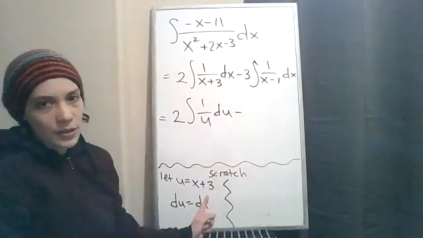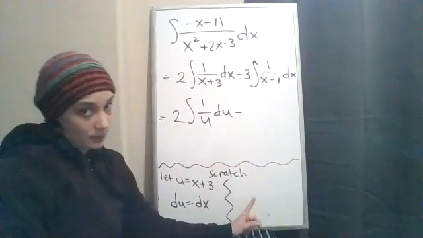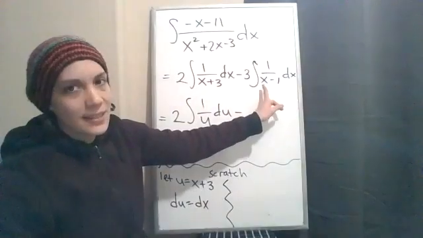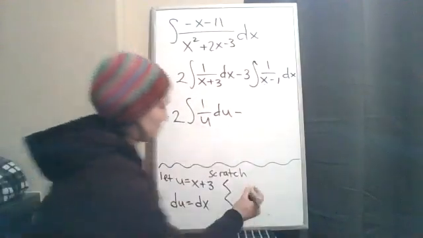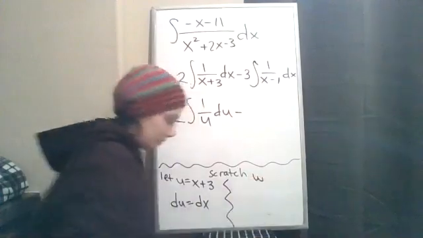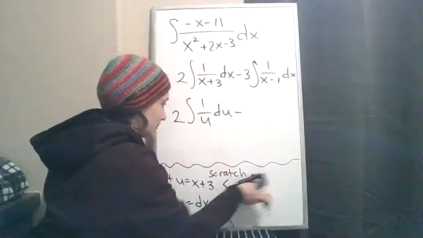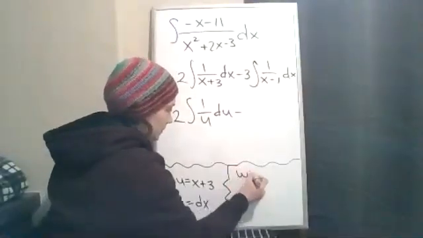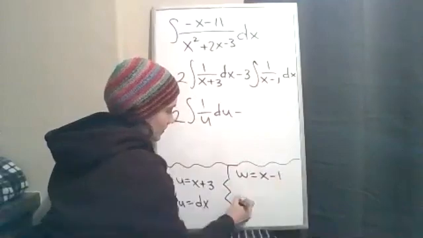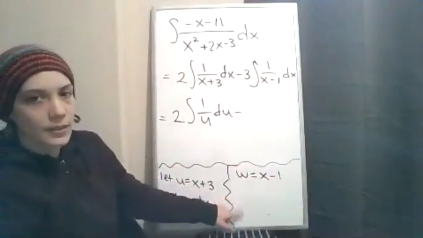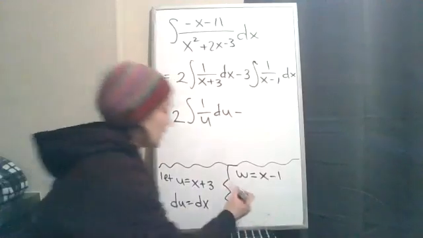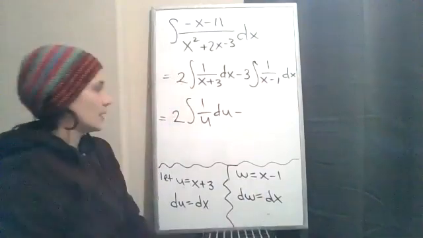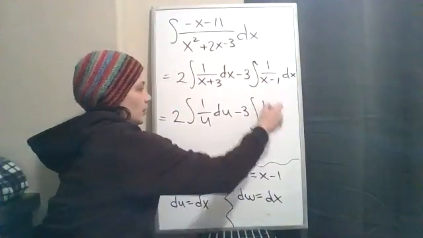Over here, you could use u, but just to be more clear, I'm going to let w equal x minus 1. Okay, dw dx would equal 1, so dw equals dx. So 3 times the integral of 1 over w dw.